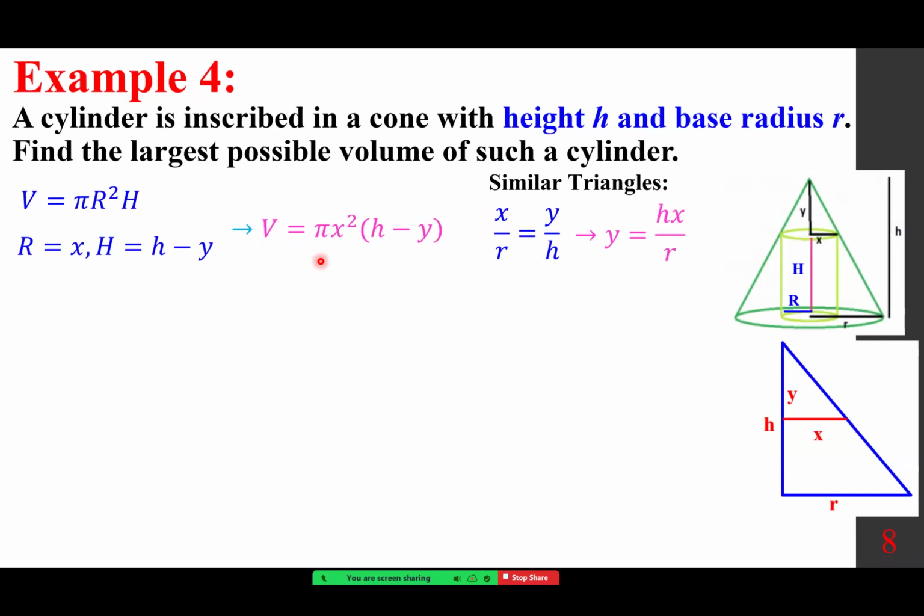So we're going to write V is pi x squared times h minus, replace the y, everybody. And now this is pi x squared h, or h x squared.